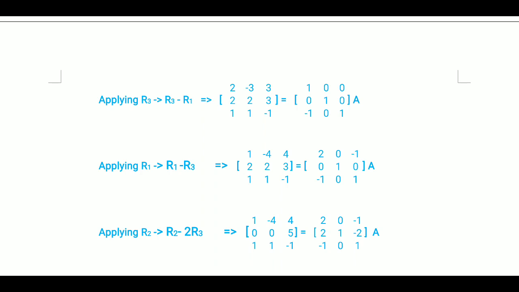Similar process on the right hand side: 1 minus minus 1, that is 2, 0 minus 0, that is 0, 0 minus 1, that is minus 1, and R2 is 0 1 0, R3 is minus 1 0 1, into A.